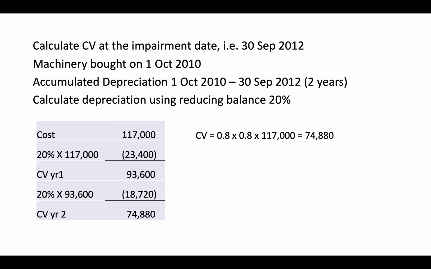If the percentage is 20%, 100 minus 20 is 80%, and we want the carrying value after 2 years, and therefore you do 0.8 times 0.8 times the cost, and you get directly the same answer as we had in method 1.